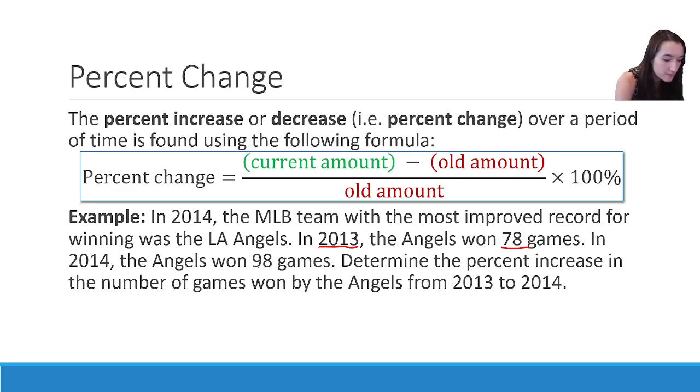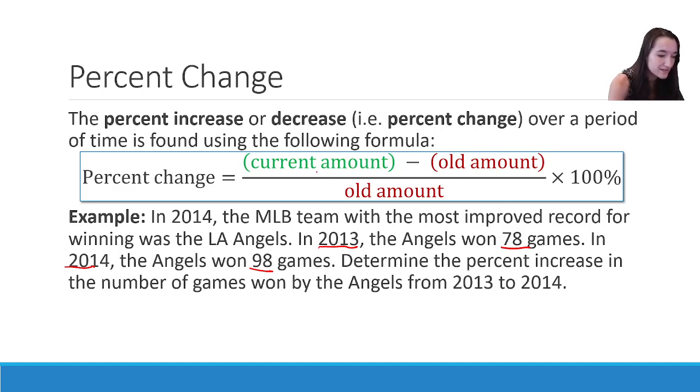The newer amount, they went up in 2014 to 98. They increased their amount of winning games. So their percent should be an increase. It should be a positive percentage, right? Positive improvement.